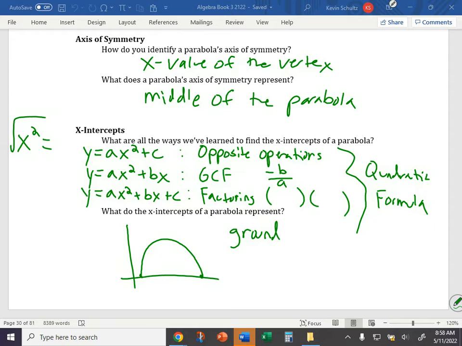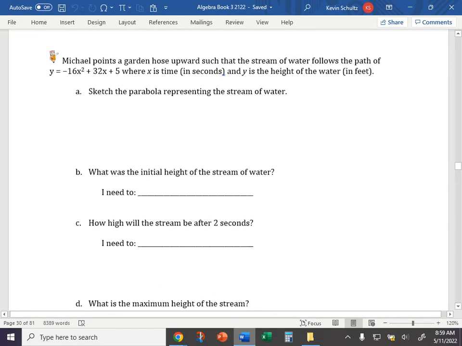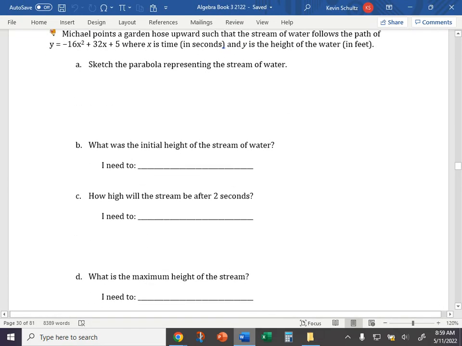So again, this objective requires a little bit of logical thinking, which is why sketching the graph helps. Okay, let's tackle one. Let's talk about Michael and his watering.